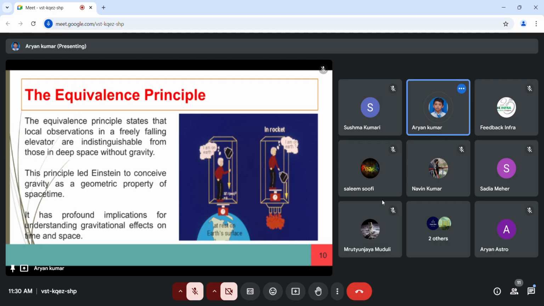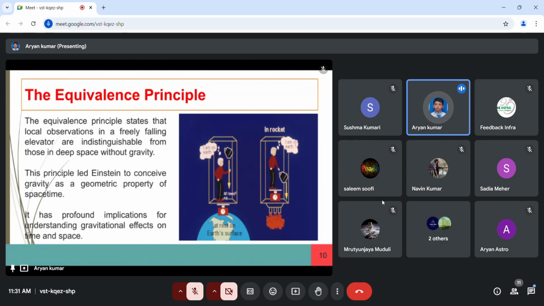So the equivalence principle states that the local observers in a freely falling elevator are indistinguishable from those in deep space without gravity. This principle led Einstein to conceive gravity as a geometric property of space-time. It has profound implications for understanding gravitational effects on time and space.